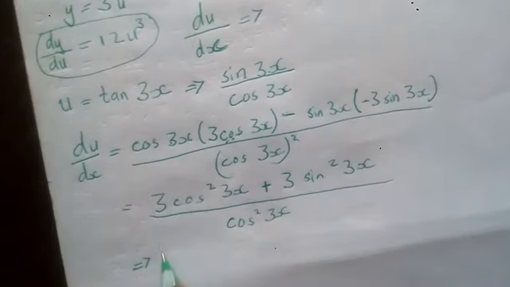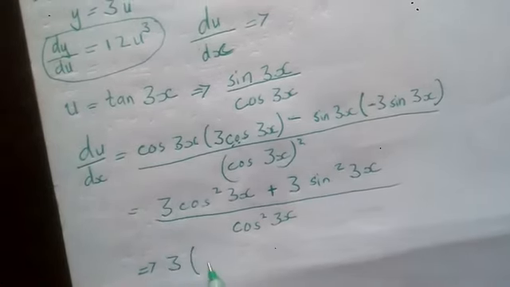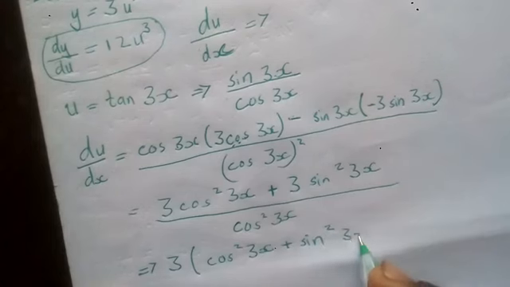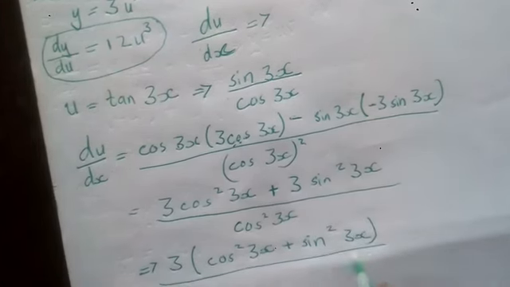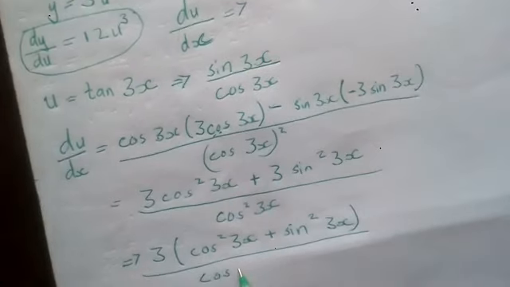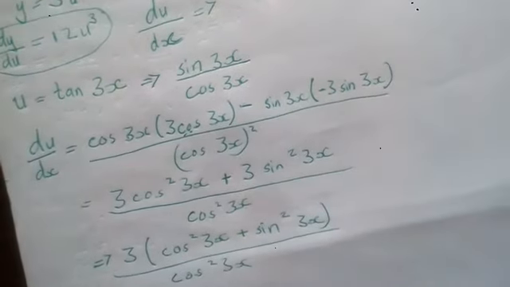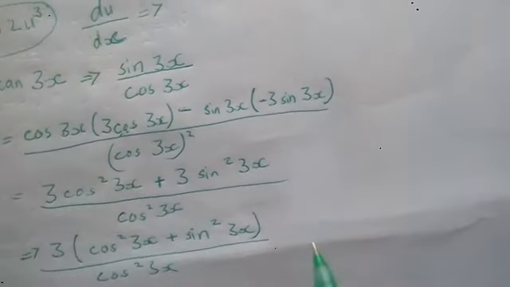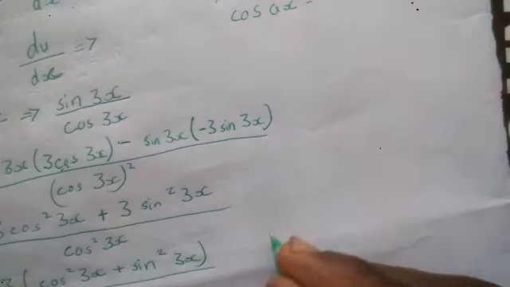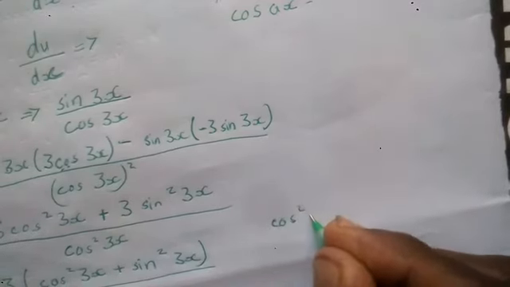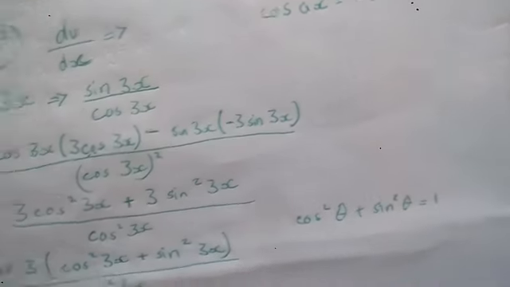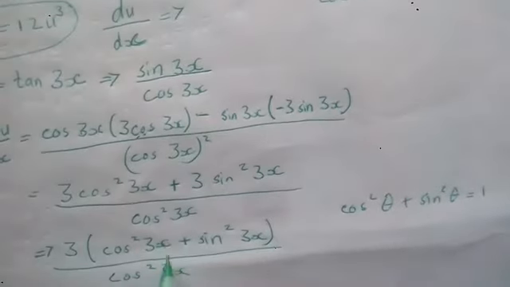This will be 3 into cos squared 3x plus sine squared 3x all over cos squared 3x. Remember, in trigonometry, cos squared theta plus sine squared theta is equal to 1. So we replace this with 1.